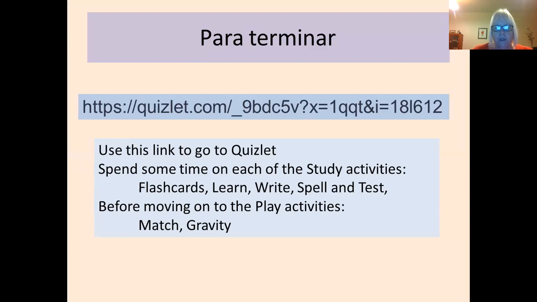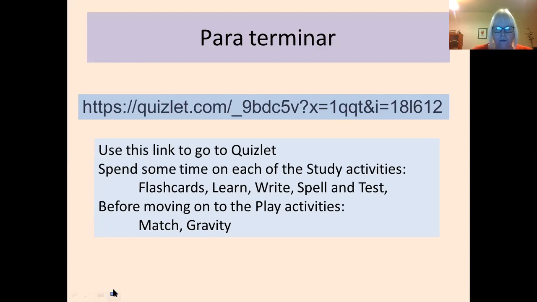So flashcards, learn, write, spell and test, before you move on to the play activities, which are match and gravity. If all you do is play, then you don't actually learn the vocabulary. So do the study activities first before moving on to match and gravity, and you can spend the time you have for the rest of this lesson to do that. You can pause the video and move on.